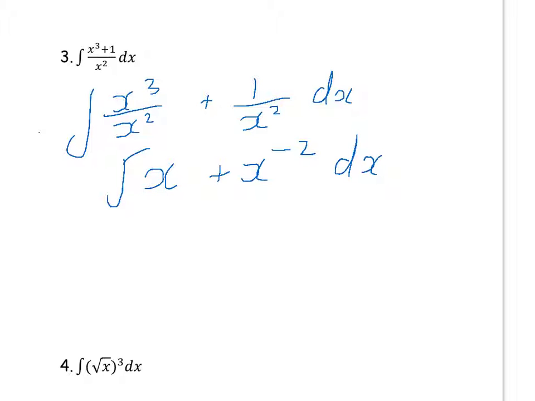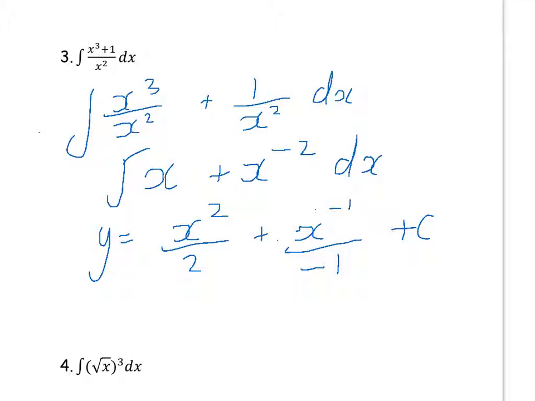So add 1 to the power, so x squared over 2, and this one's the same as the first question we did, so it was x to the power of minus 1 over minus 1 plus your constant c. So this first bit stays the same. Just want to tidy up this second one. Here, this plus and this minus will make it a minus, so it's going to be minus, and then the power of minus 1 means 1 over x plus c.